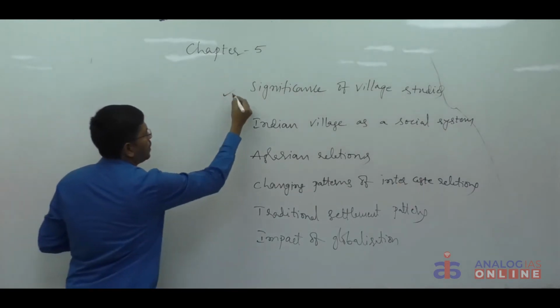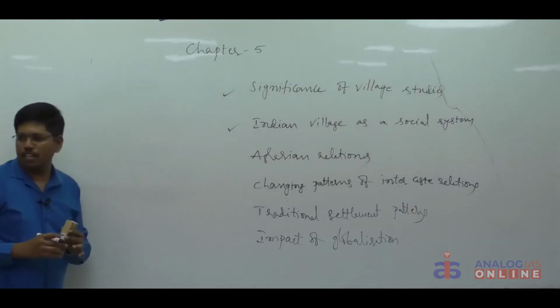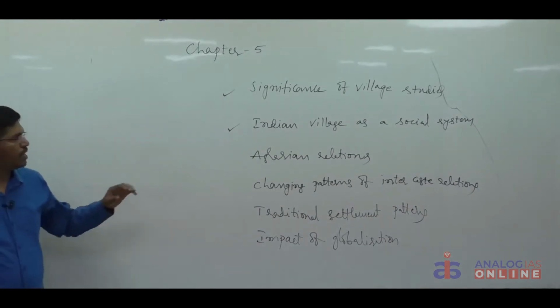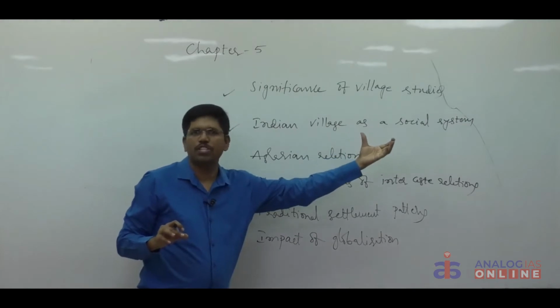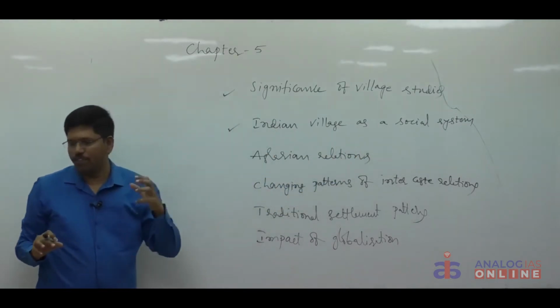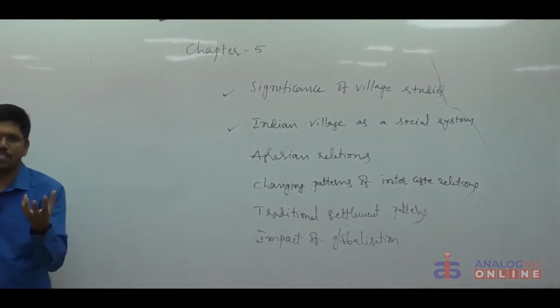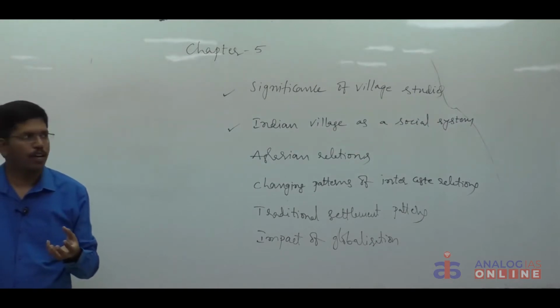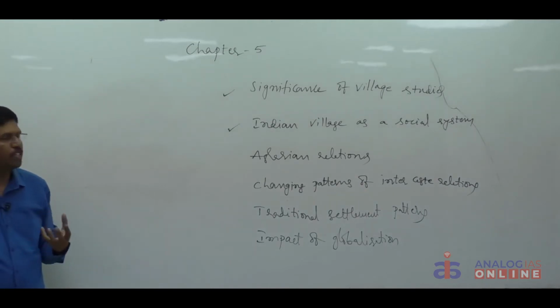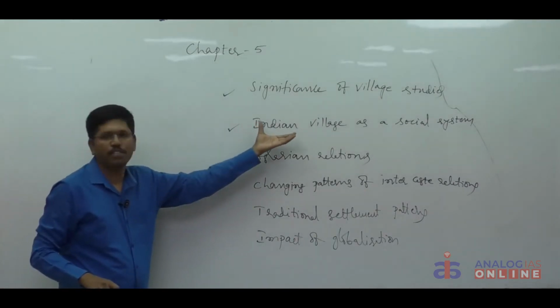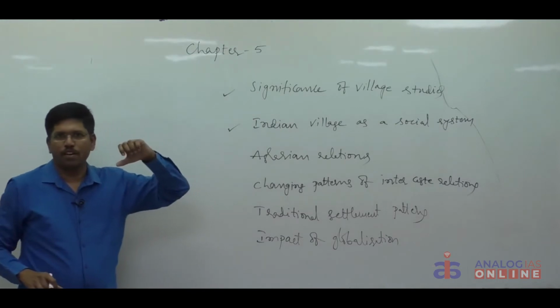The second topic is Indian village as a social system. It implies we are considering Indian village as a social system. Generally, if you want to study the environment, we will take one basic unit, the ecosystem. Similarly, if you want to study any one society, we will take one unit. In India, if you want to study Indian society, we will take that basic unit as the Indian village.